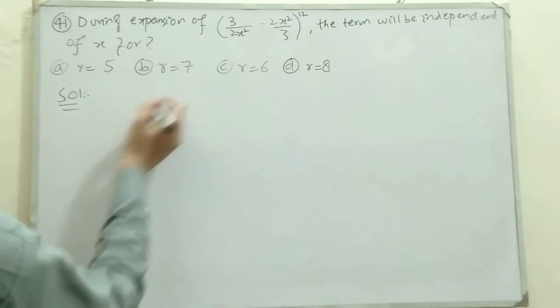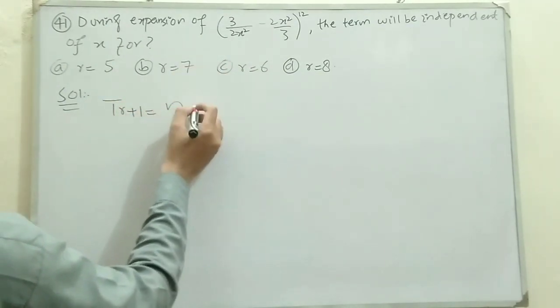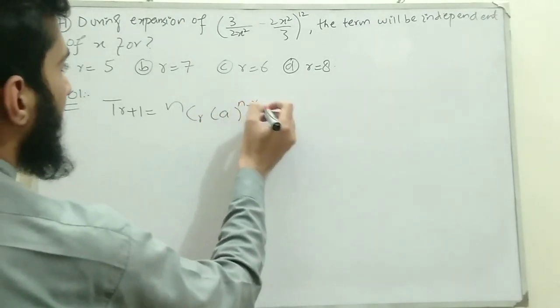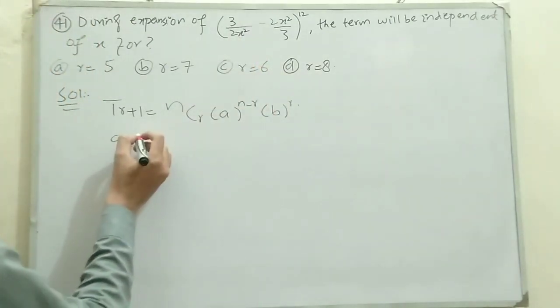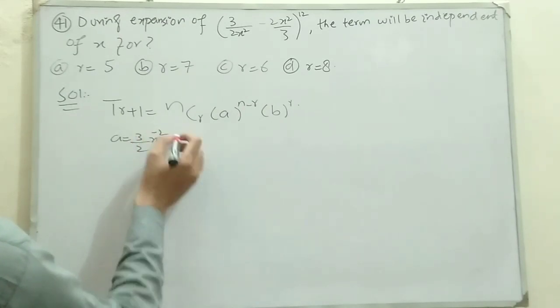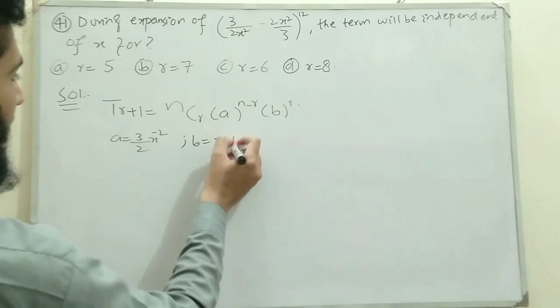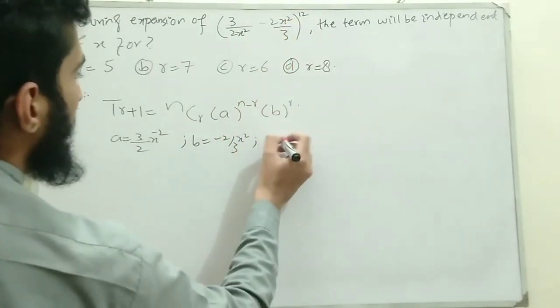We have a function given, so the formula is T(r+1) equals nCr a power n minus r b power r. Here the value of a is 3 by 2. x square can be moved to the numerator, it becomes x power minus 2. So a is 3 by 2 x power minus 2, and the value of b is minus 2 by 3 x power 2, and the value of n is 12.